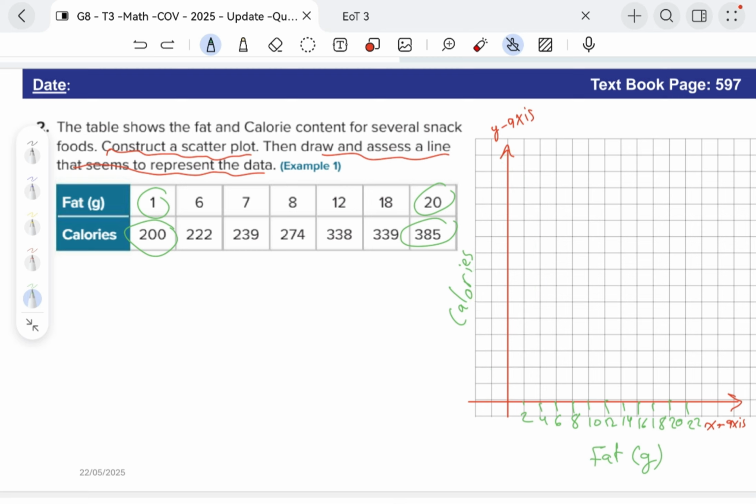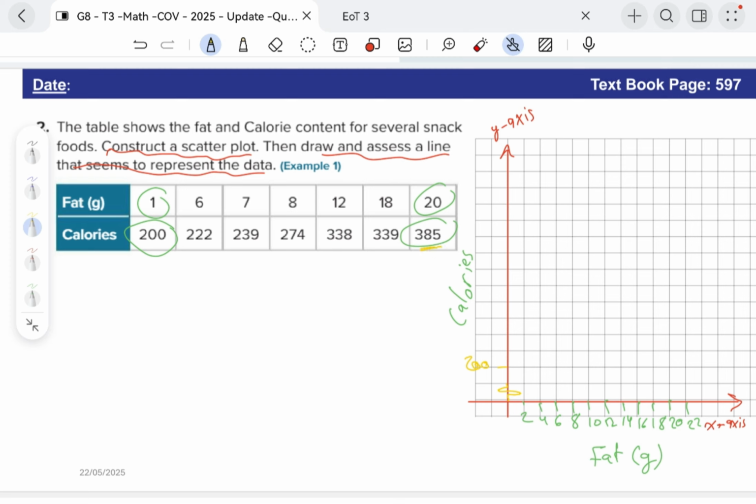We are not going to start from 0. So we're going to put this symbol, which means that we did not start from 0. We can start from 200, for example, and skip count of 20 or 25 until we reach 385.